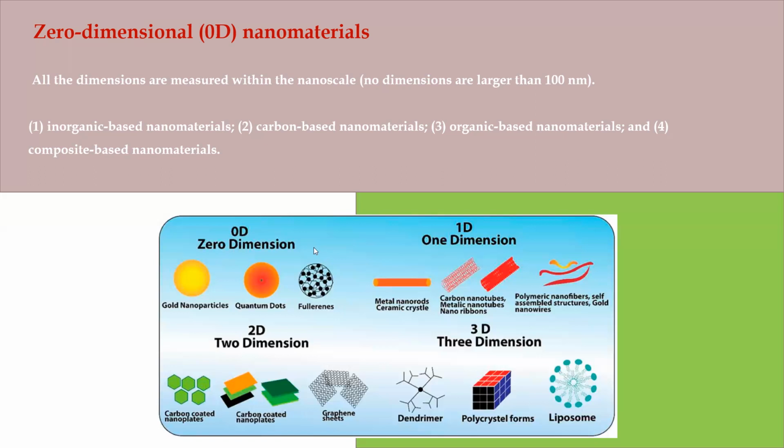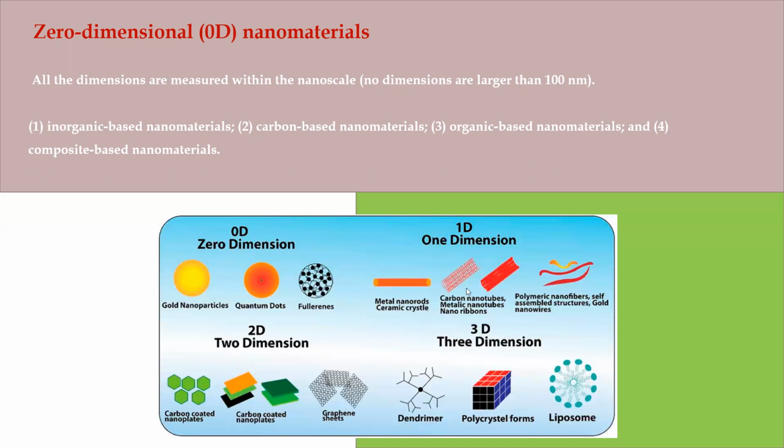So first we consider the dimensions that are in bulk. In a three-dimensional nanomaterial, all three dimensions are bulk. In a two-dimensional nanomaterial, two dimensions are in bulk. In a one-dimensional nanomaterial, one dimension is bulk. In a zero-dimensional nanomaterial, zero dimensions are in bulk.